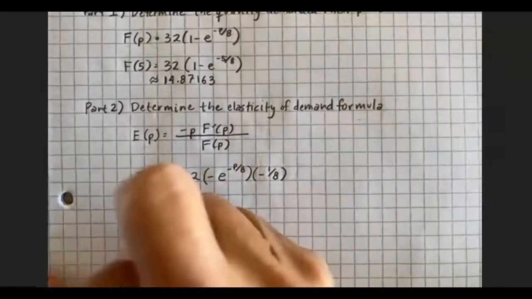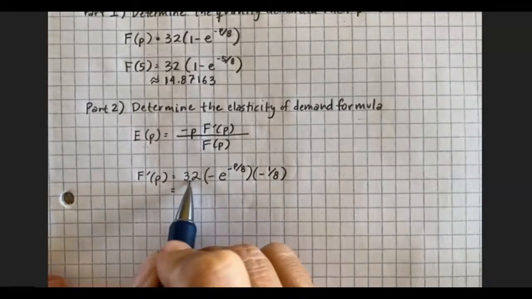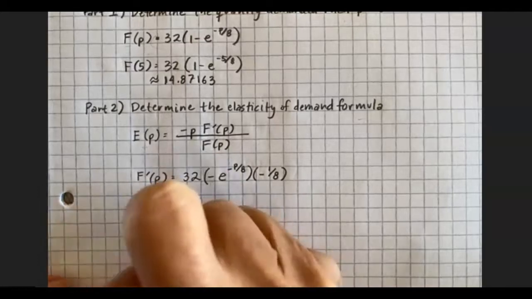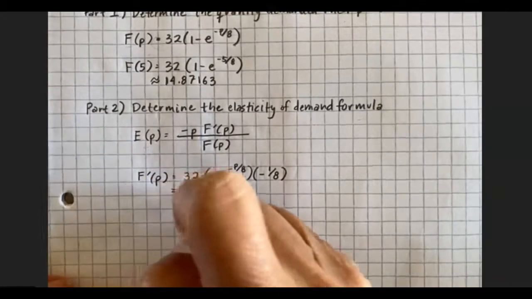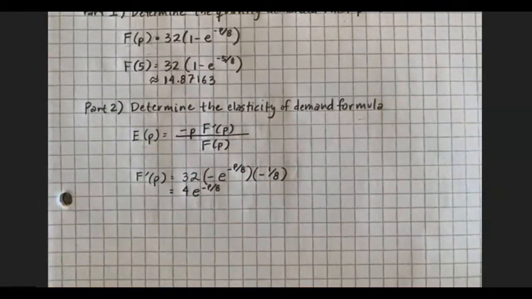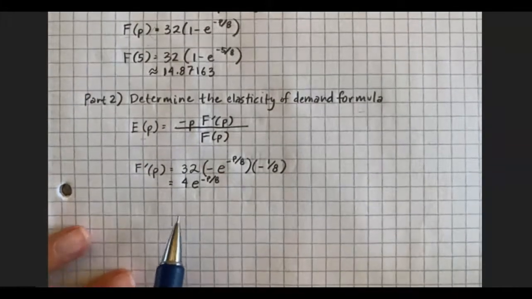So negative 1/8 times 32 is negative 4, times that negative is positive 4. So we really just have 4 times e to the negative p over 8. That is our f prime of p. Feel free to take more steps on that. I've done it a million times now, so I'm pretty good at it.